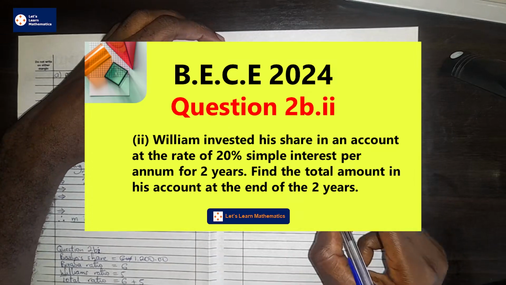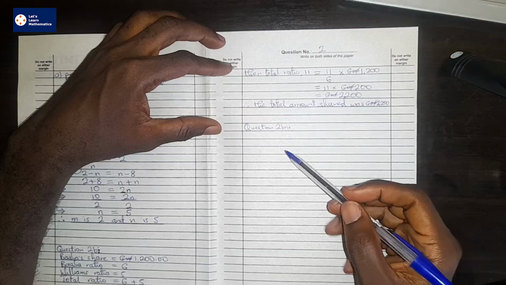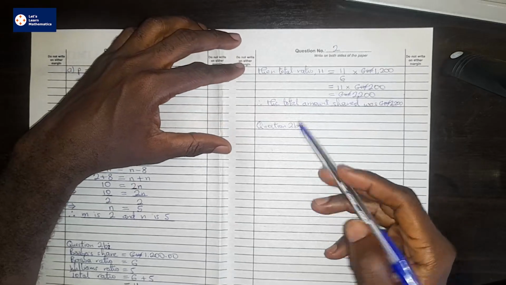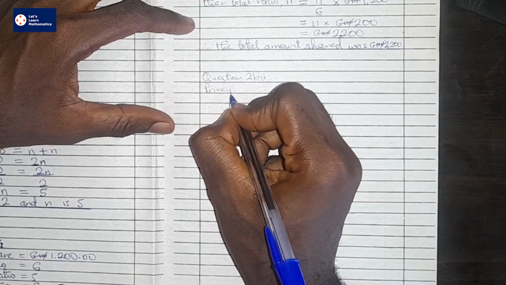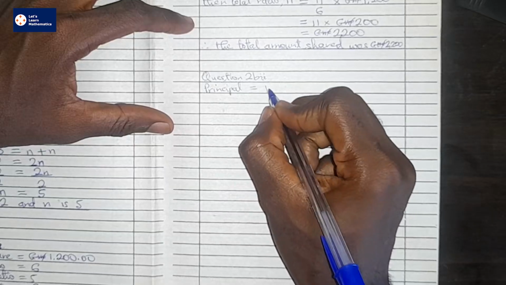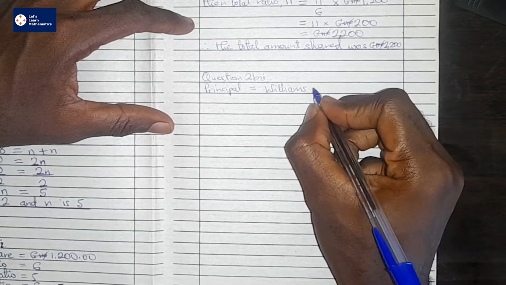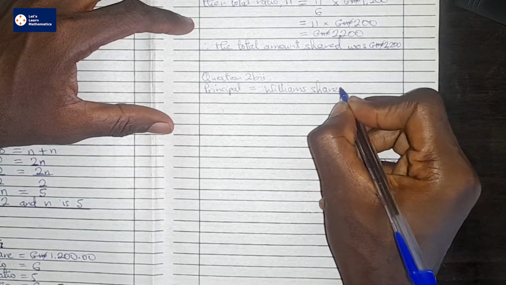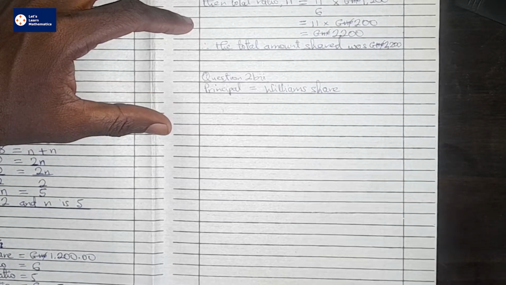So since William's share was what was invested, it means that the principal was William's share. So we can see that the principal here equals William's share. But we don't know William's share, so we need to find it.